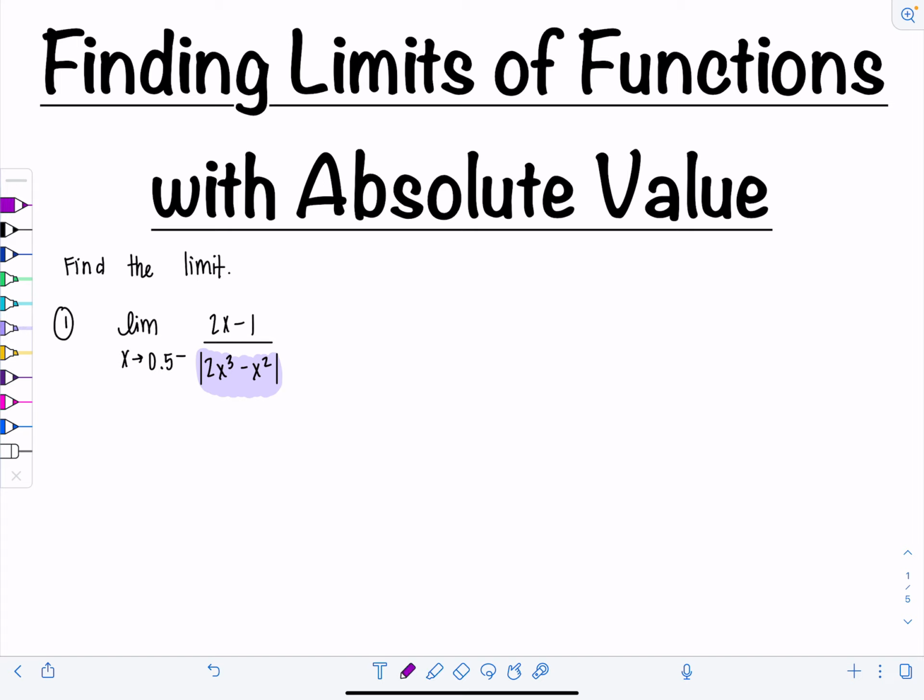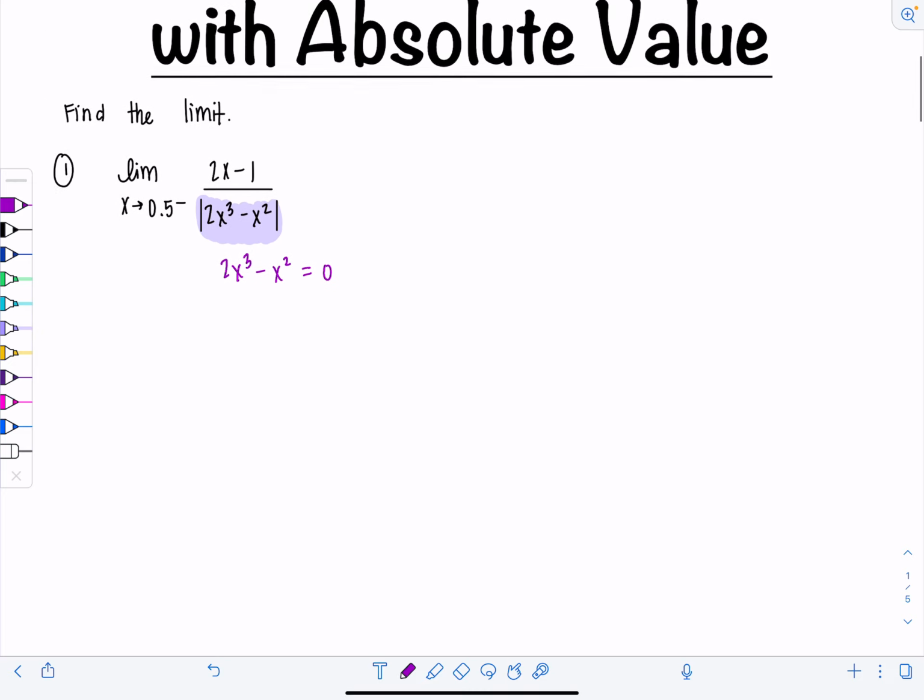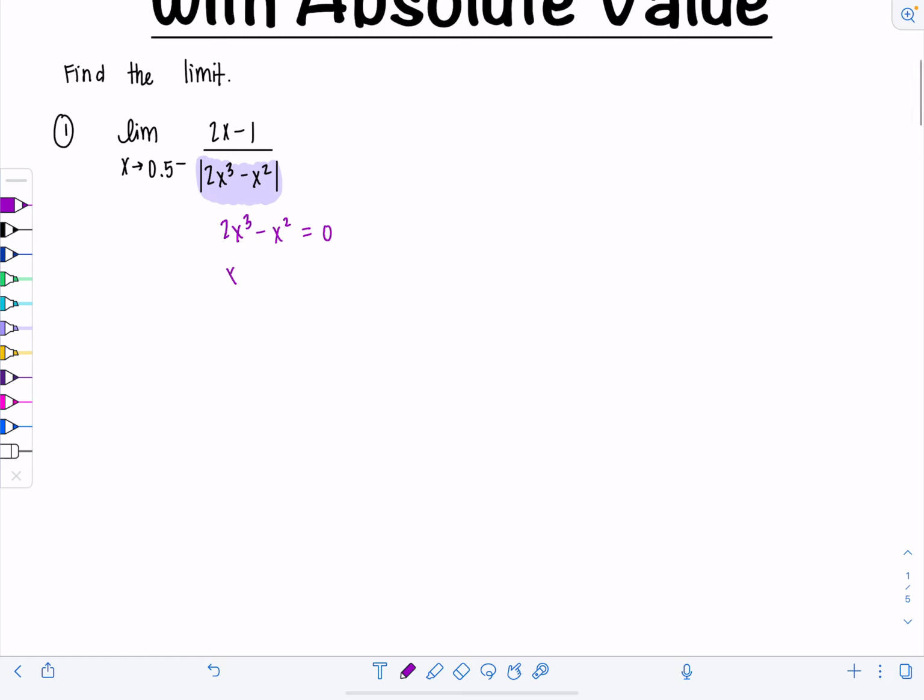In order to do that, I need to identify the zeros for the expression inside the absolute value, namely 2x cubed minus x squared. To find the zeros, I'm just going to set this equal to 0 and then factor. I can factor pretty easily, right? We can just take out an x squared and then I'm left with 2x minus 1.